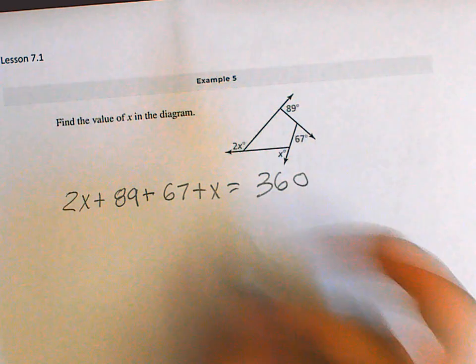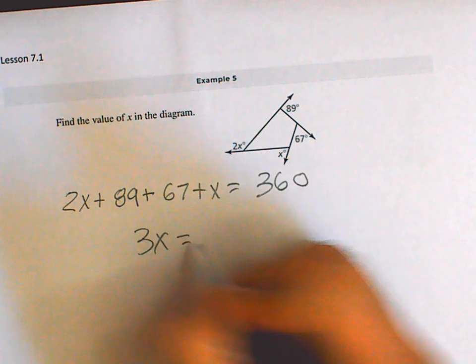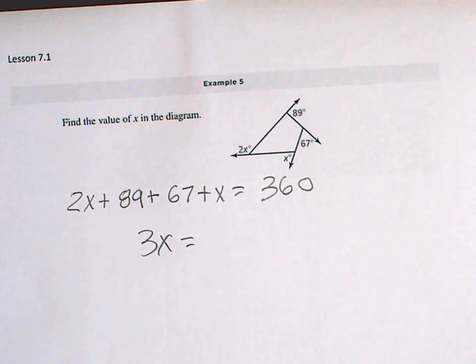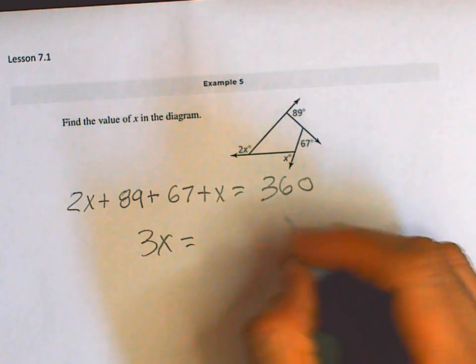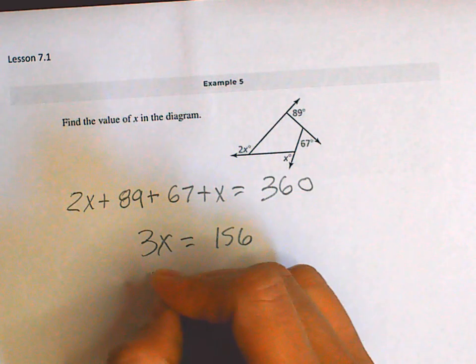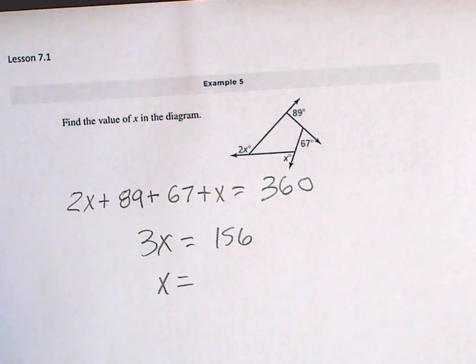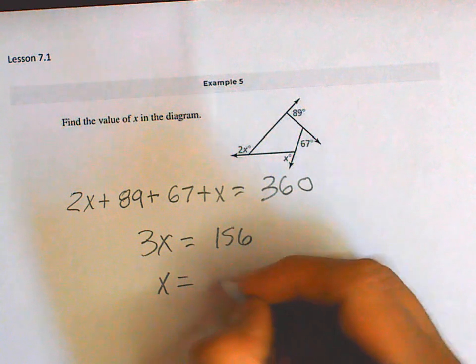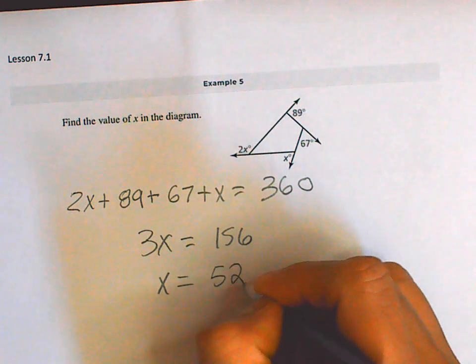What we're going to do is combine the like terms. 89 plus 67 is 156. Divide both sides by 3, and you get x is equal to 52.